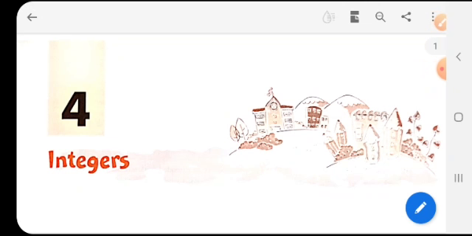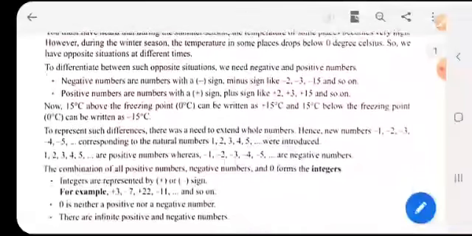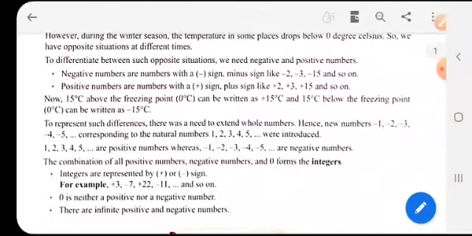And sometimes in the winter season, we hear that the temperature has gone beyond zero, that is minus 20 degrees. So when we know the numbers in a positive and negative way, that is known as integers. So integers include numbers which are both positive and negative.